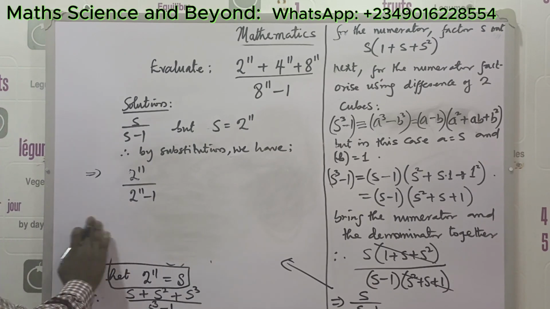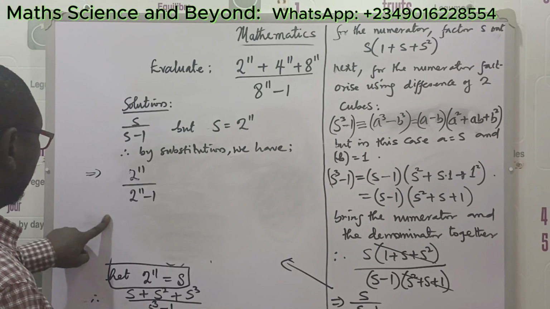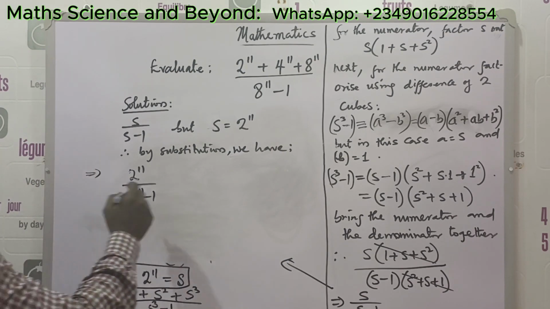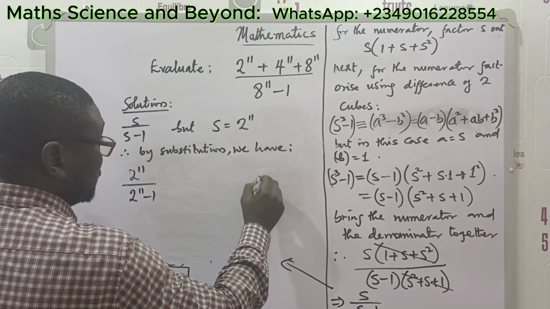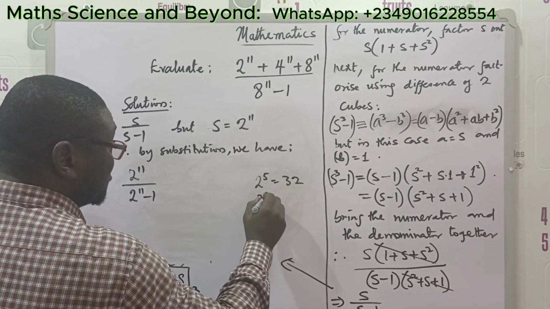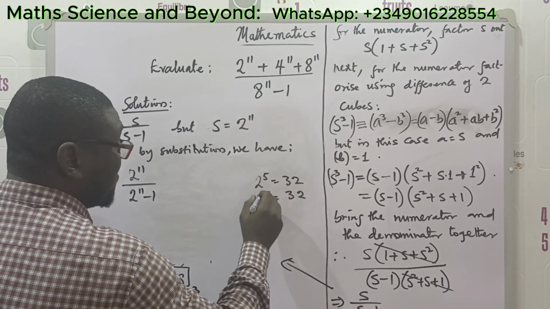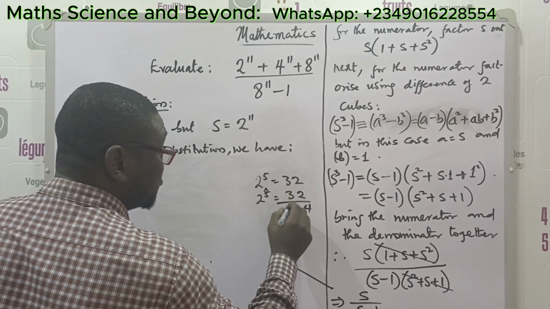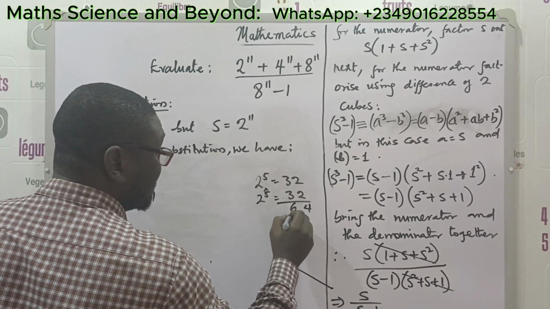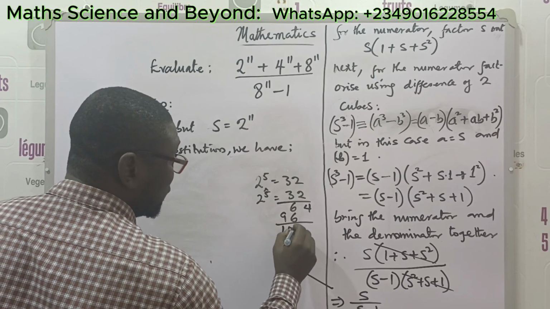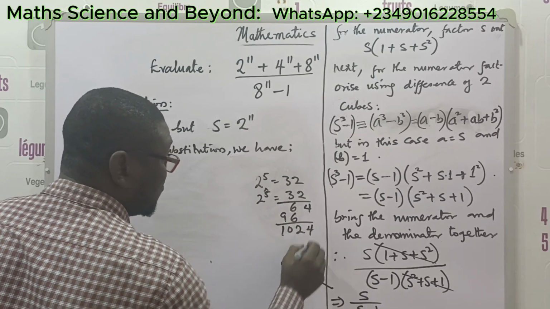So if you look at this, for you to be able to get this rightly, what you are going to do is, 2 raised to the power 5 is 32, and another 2 raised to the power 5 is 32. So if you multiply them together, what will you get? You are going to get 1024.